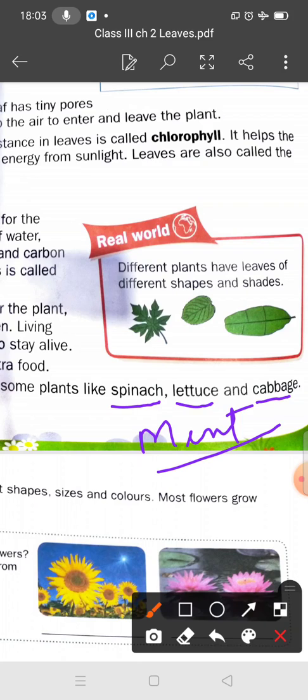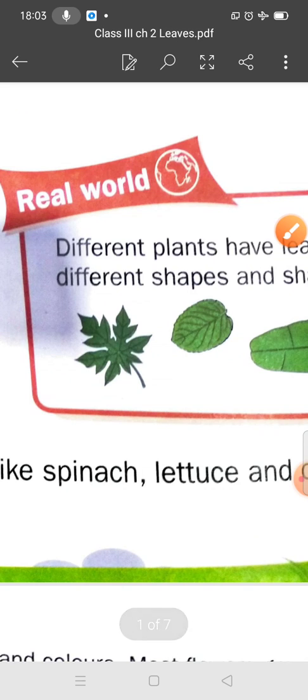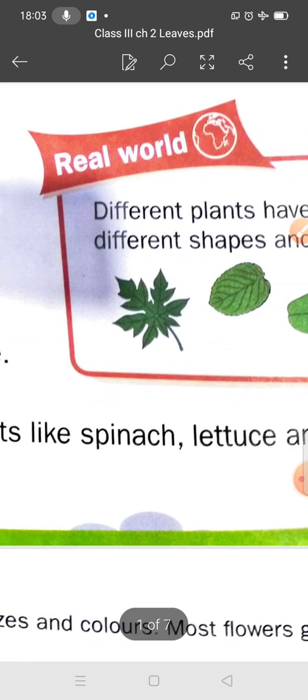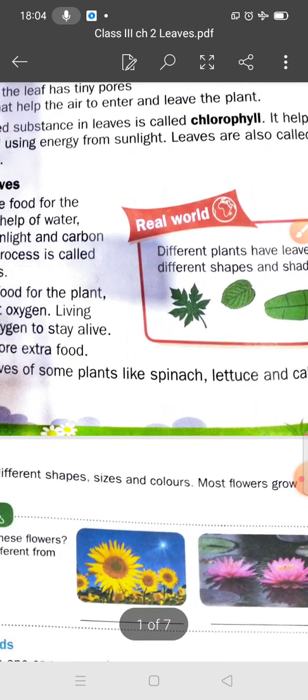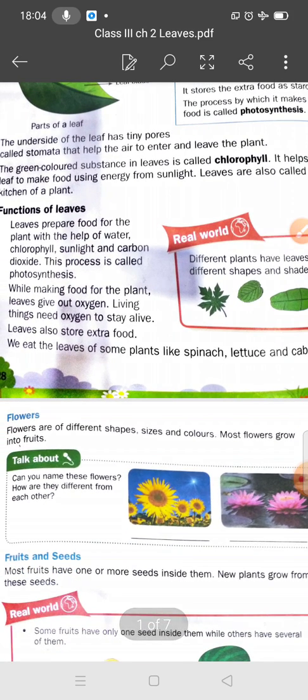And you know, student, different plants have different shapes and shades. You can see here the different types of leaves. You can see different shapes. So student, collect the different types of leaves and draw the outline of the different types of leaves in your notebook.